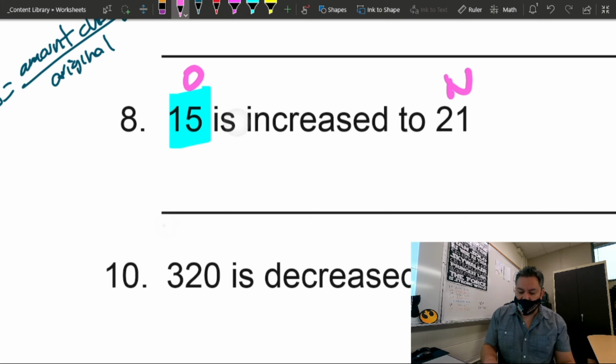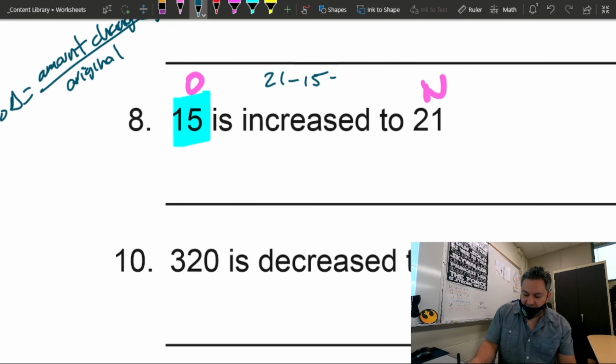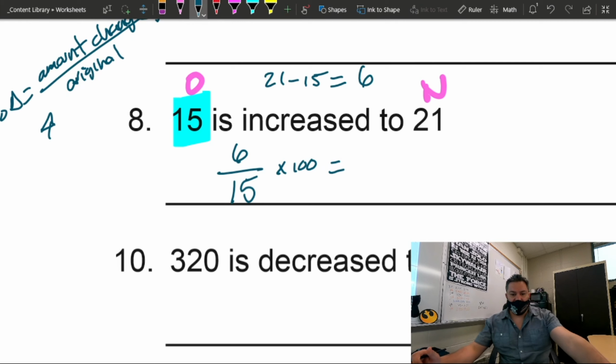To find the amount change, all I gotta do is subtract them. Big minus small. So I'm gonna do 21 minus 15 gives me what? 6. So according to this equation, the 6 goes on top, right? And the bottom is 15. Very good. Then times 100. Now, let's look at the fraction by itself. 6 over 15.